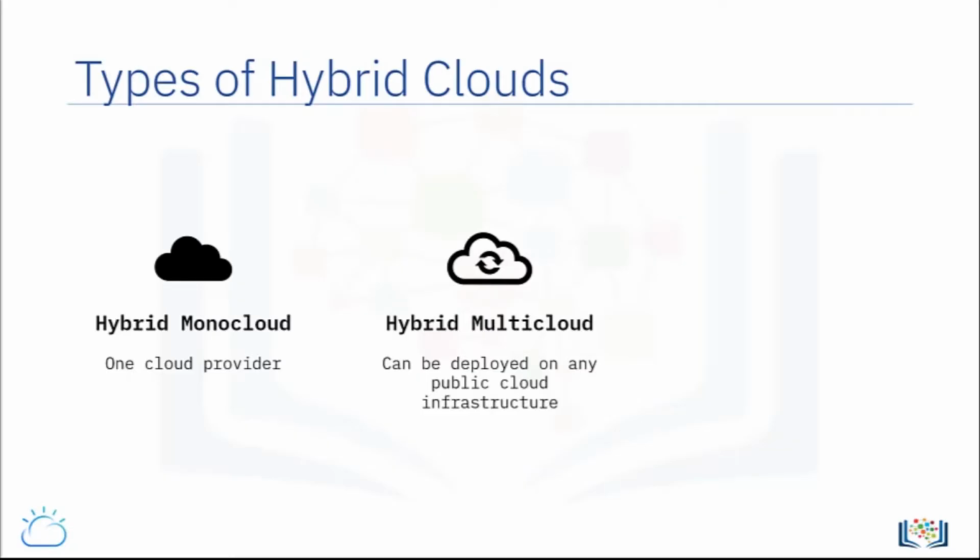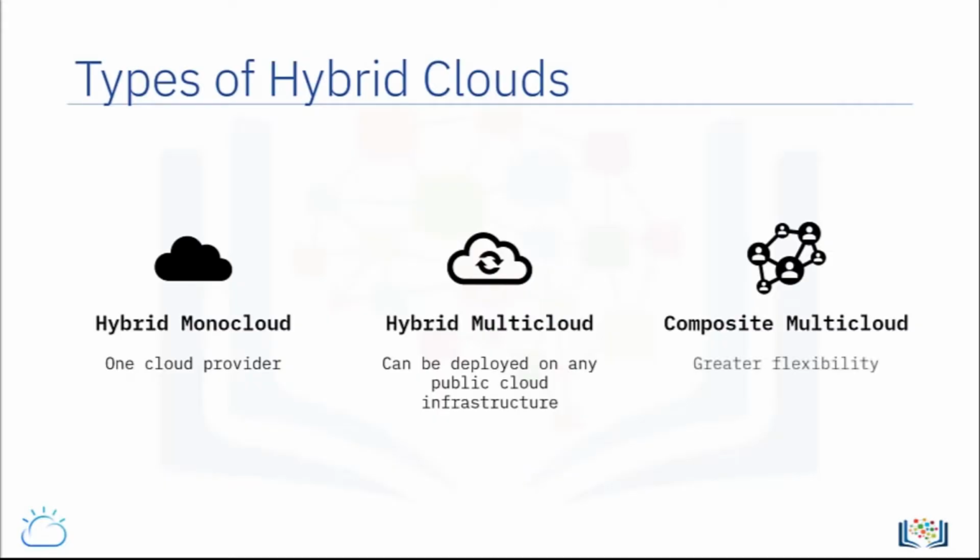The difference lies in the flexibility that the hybrid multi-cloud offers organizations to move workloads and environments from one vendor to another. There is also a variant of hybrid multi-cloud called the composite multi-cloud, which makes this flexibility even more granular as it distributes single applications across multiple providers, allowing you to move application components across cloud services and vendors as needed.